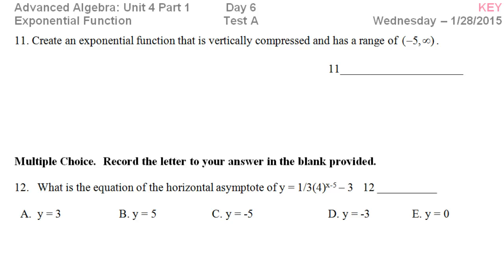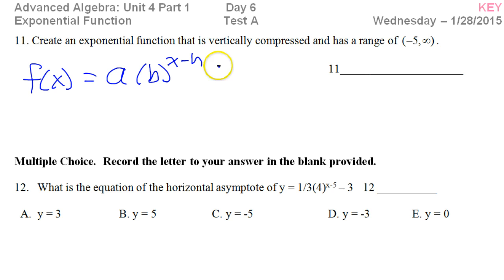Well, if you look at the model for an exponential function, it looks like this. We have f of x equals a times b to the x minus h power plus k.